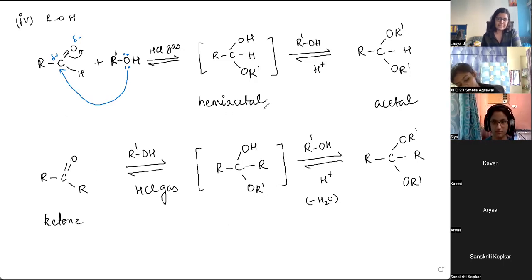With aldehydes we get acetals. With ketones we get a ketal. The first one is a hemiketal, like half a ketal, with only one alkoxy group attached, and this is called a ketal.